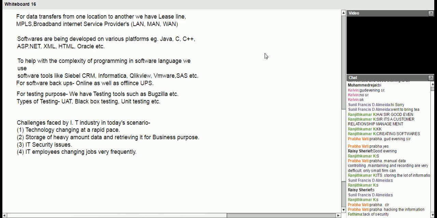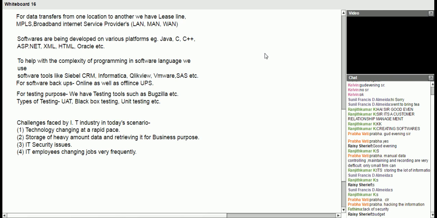This is also one of the challenges being faced. Any other challenge? Anybody? Yes, very good. Costing or budgeting is also one of the aspects. Anything more which has been missed out?